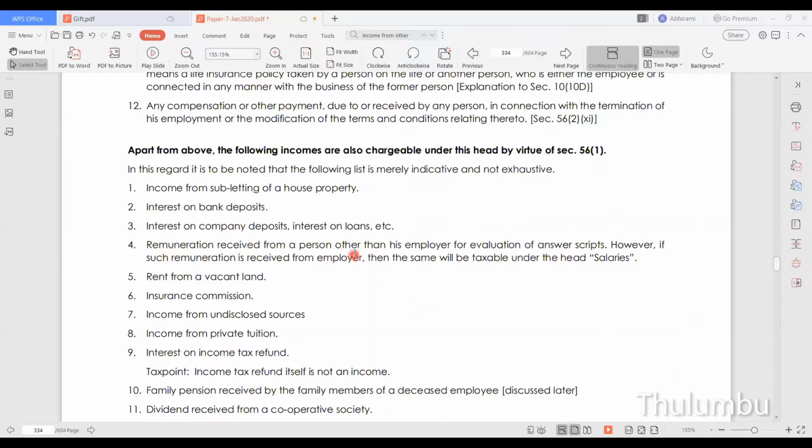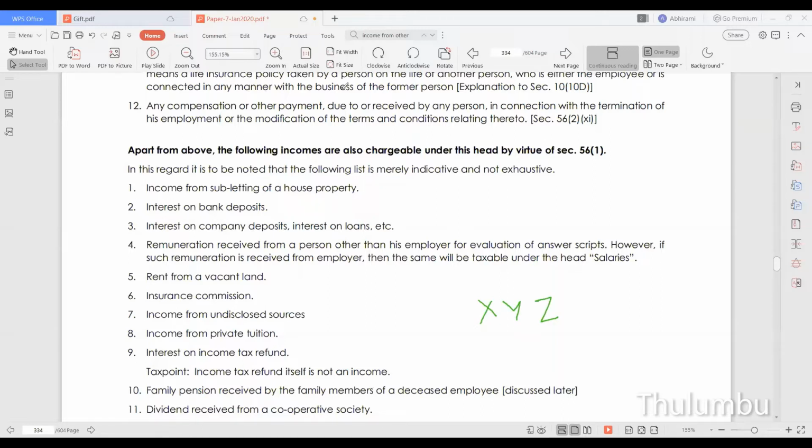Remuneration received by a person other than his employer for evaluation of answer scripts. However, if such remuneration is received from employer, then the same will be taxable under the head salaries. For example, say there is a college XYZ.